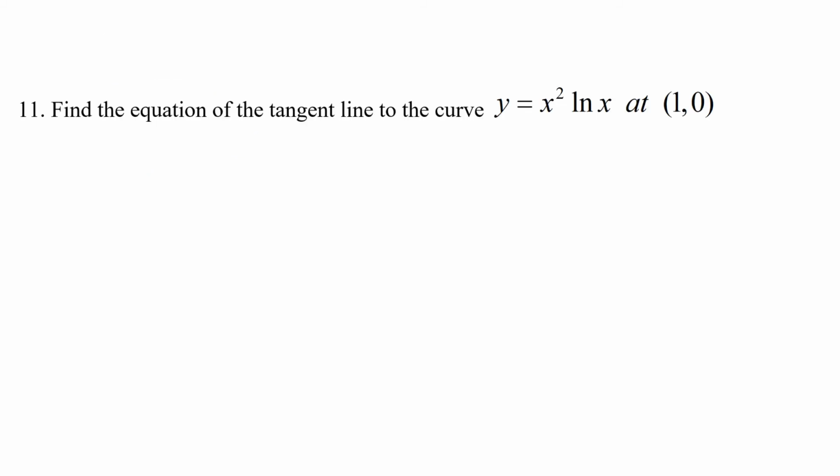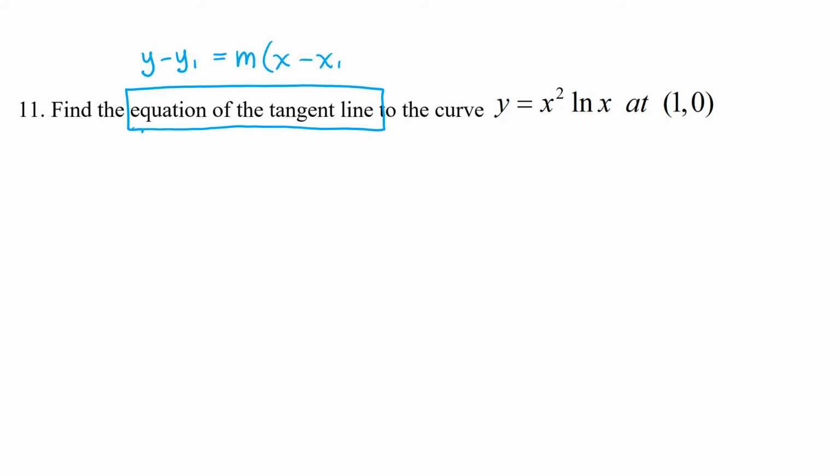Recall that a huge part of calculus, at least the first half of Calc 1, is finding the equation of tangent lines. And the equation of a tangent line is going to be y minus y1 is equal to m times x minus x1, where this m is the derivative at x1.